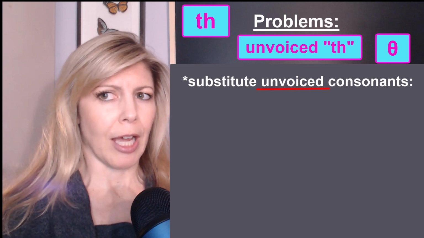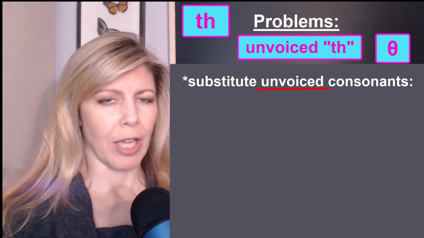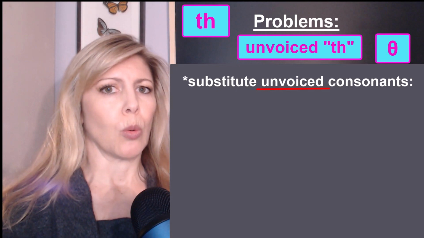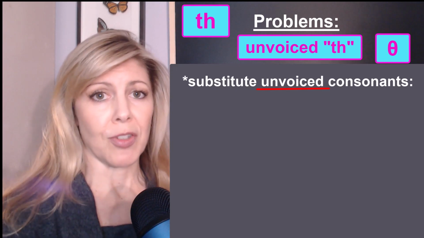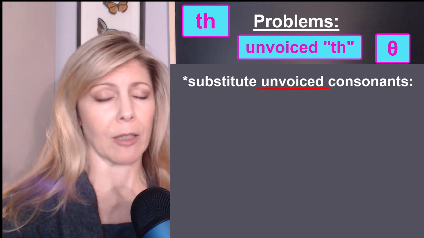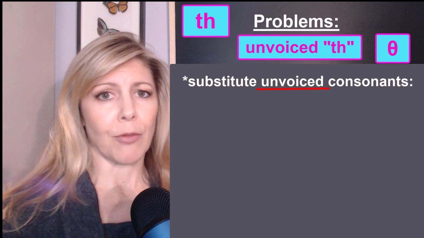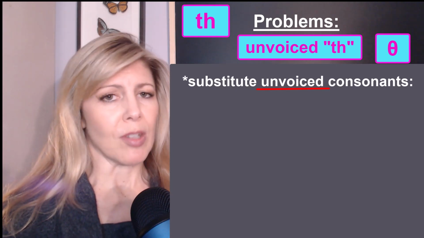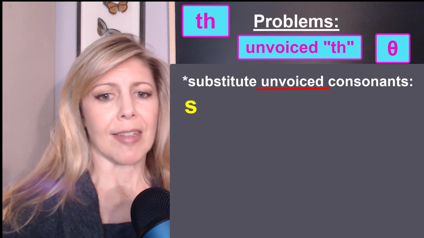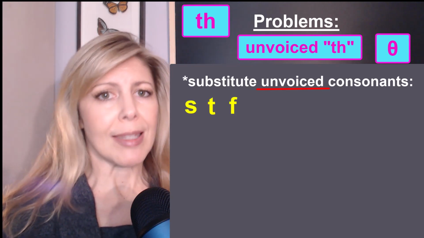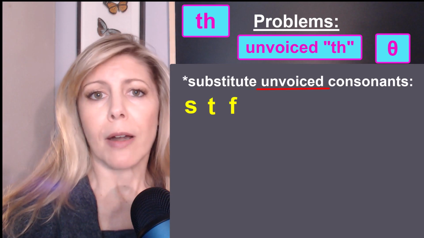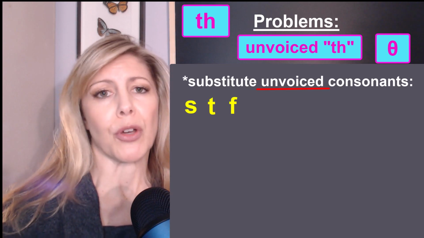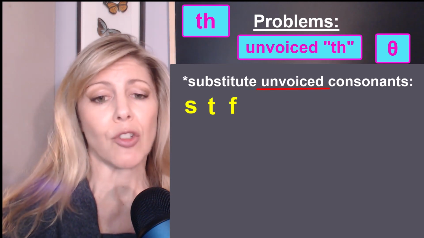If we're not sure how to make a sound, or if we've never learned how to make a particular sound, we substitute with another sound that we do know how to make, and one that's very common for us, one we already use. So in this case, we usually substitute like an S, a T, or an F. We usually substitute those for the unvoiced TH sound.